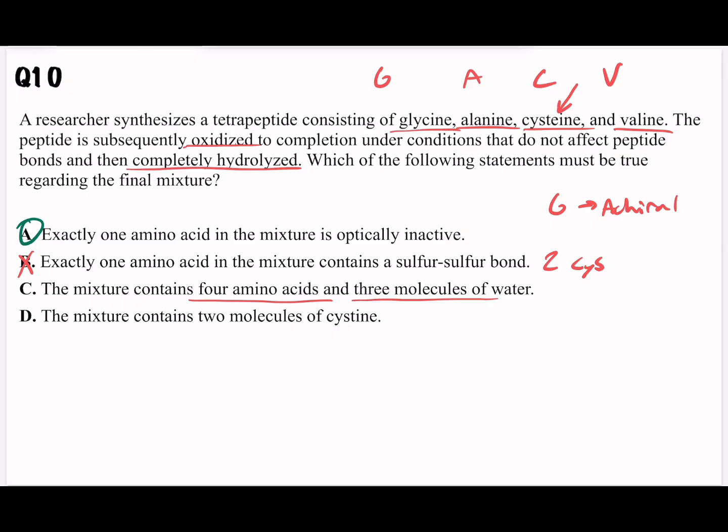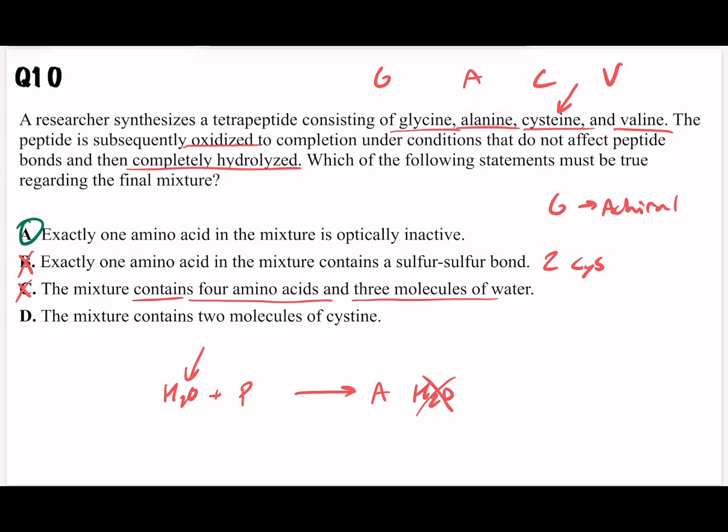But then 3 molecules of water doesn't really make sense because in order to break a peptide bond, so starting with a peptide and going to its constituent amino acids, we need to be adding water. And so water isn't going to be on the products, it's going to be on the reactants. And so if this said required 3 molecules of water, that may be correct. But since it says it contains in a product 3 molecules of water, that is not correct.